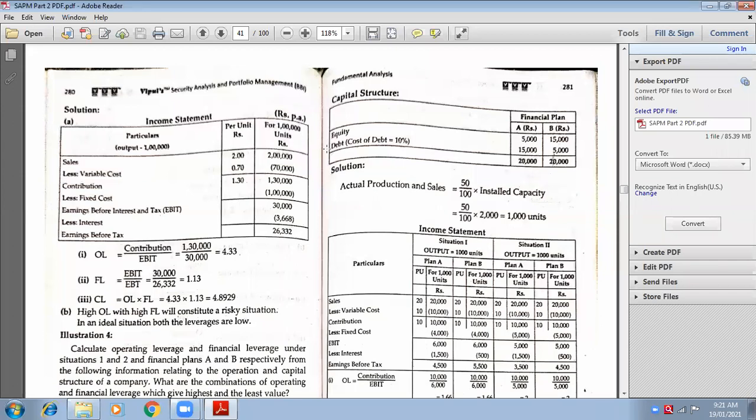And debt, in the bracket it is written cost of debt is 10%. That means interest rate. For you it is cost, but for the debenture holders, the debt holders, it is interest. So 10% is the rate of interest. In financial plan A it is 15,000 and in financial plan B it is 5,000, and the total capital employed is 20,000.